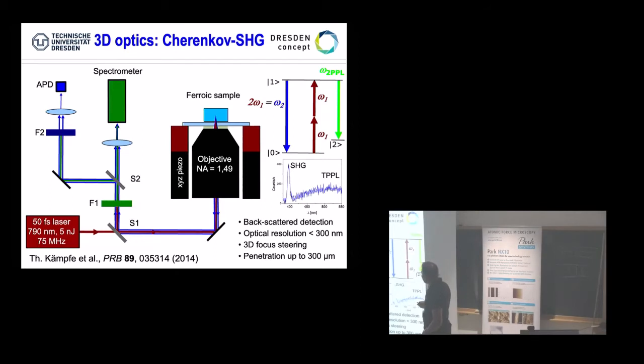We then place our ferroelectric sample in here, and we can position the focus of that objective within this crystal in 3D. So you scan X, Y, and Z through the full crystal, and what must happen is that the 2 photons, omega 1, are piled up as a second harmonic process to cover the gap from 0 to 1.